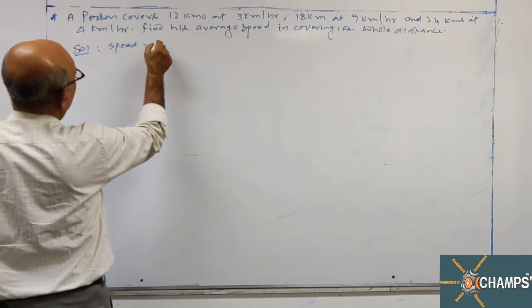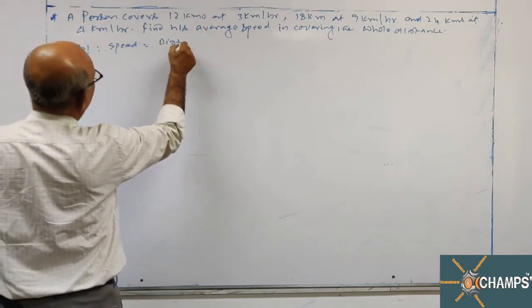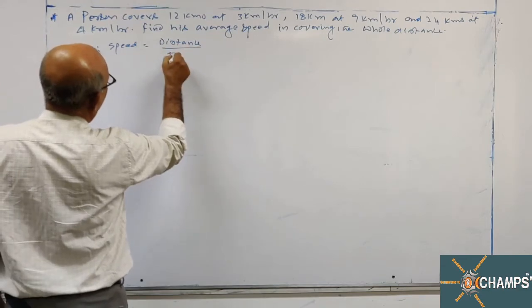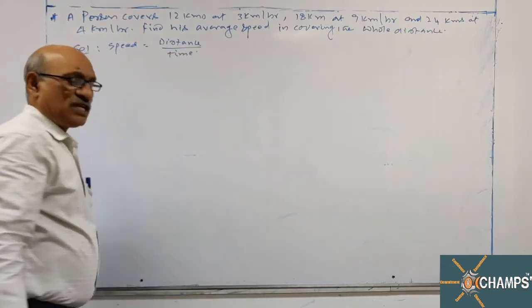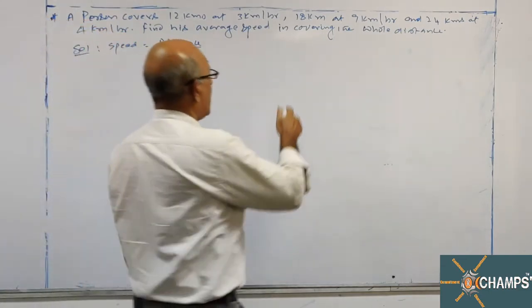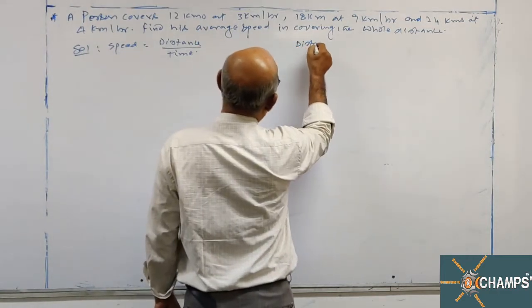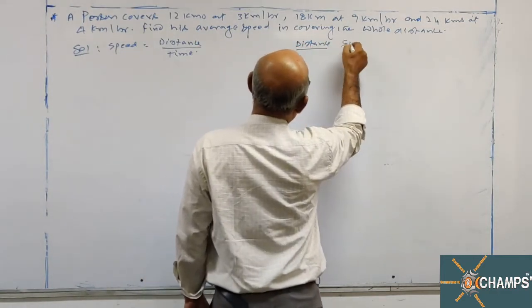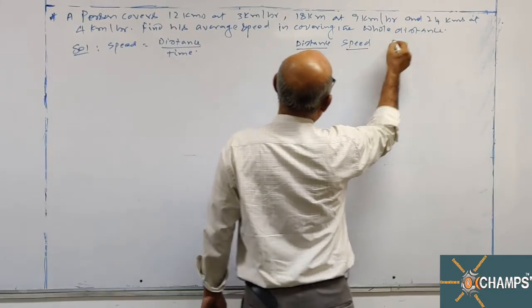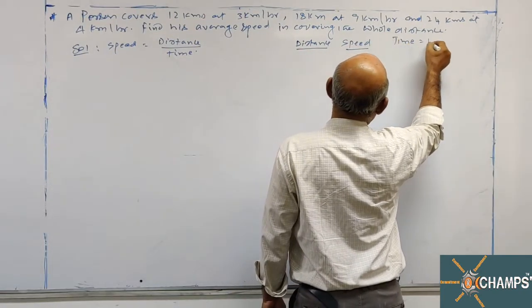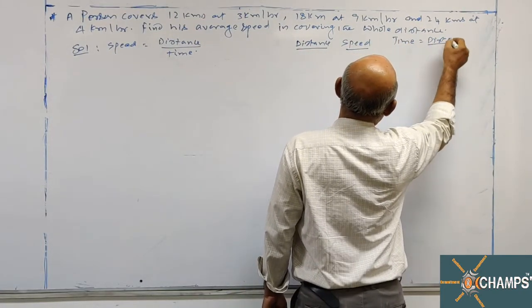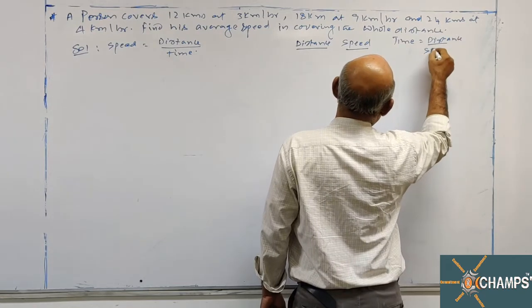Speed is equal to distance by time. So you have to calculate time, sir. Distance and speed are given. Time is equal to distance by speed.